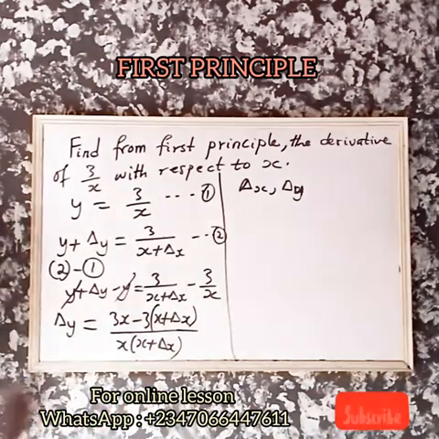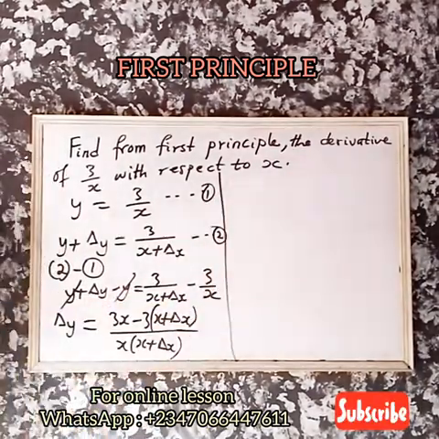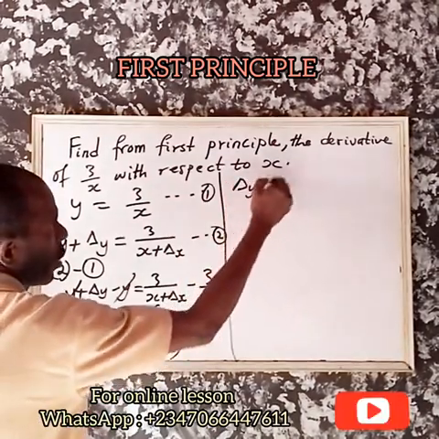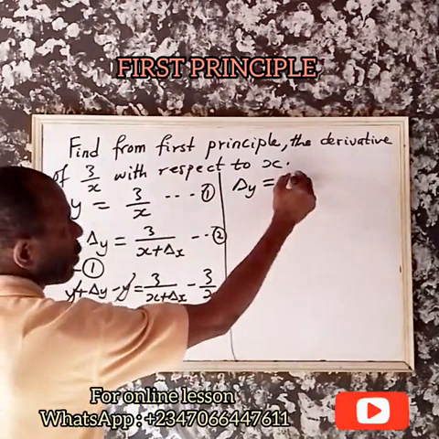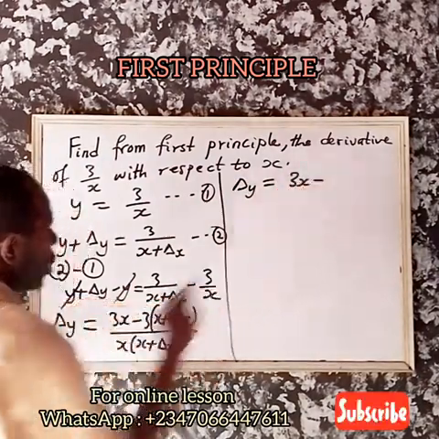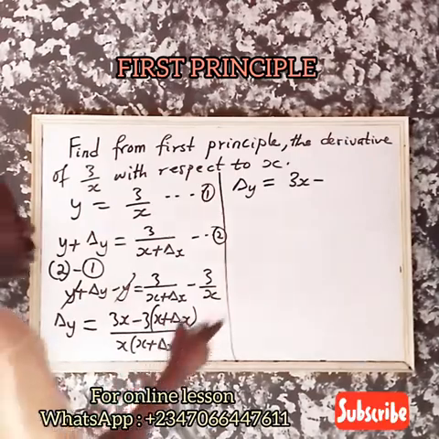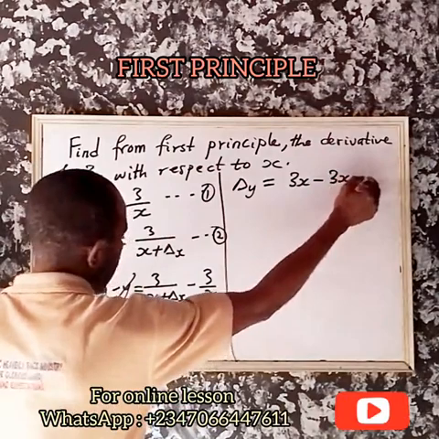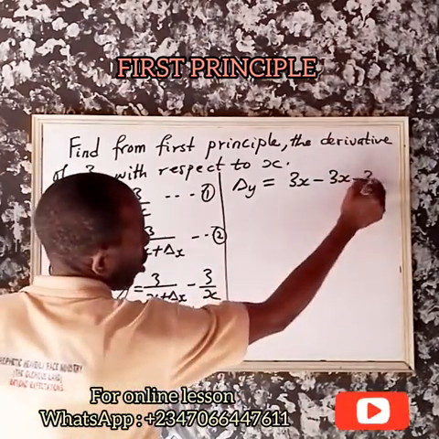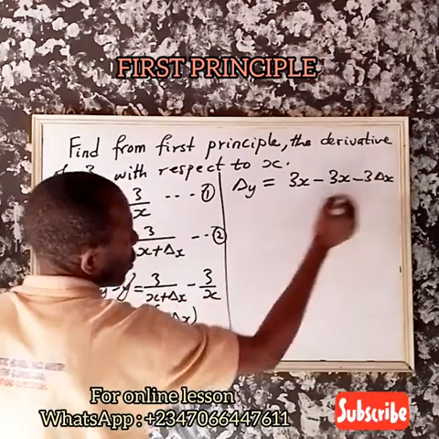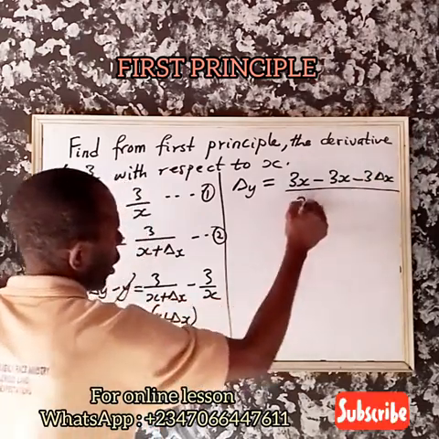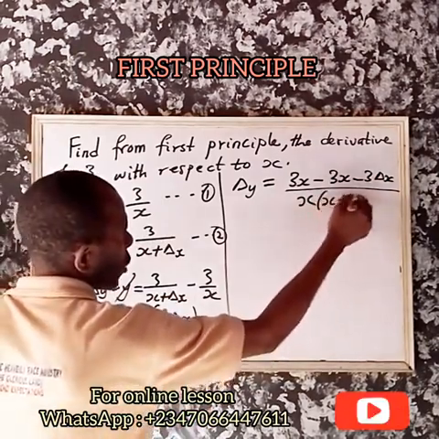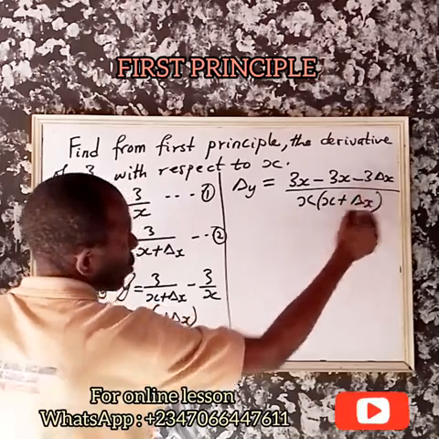So let's go. Here, let's open the brackets. So your delta y is on the left side, then we have 3x, then minus, distribute 3 to the brackets. We're going to have 3x minus 3 delta x all over x into x plus delta x.